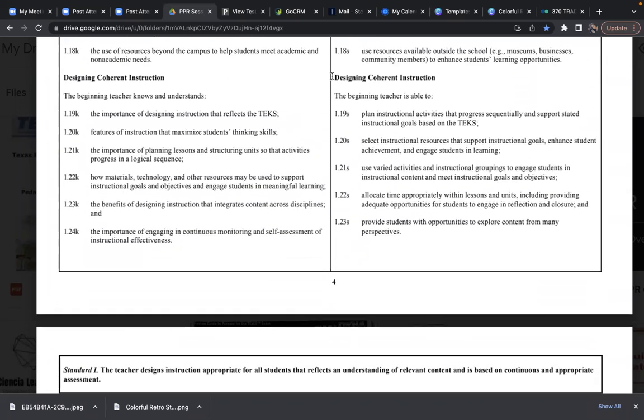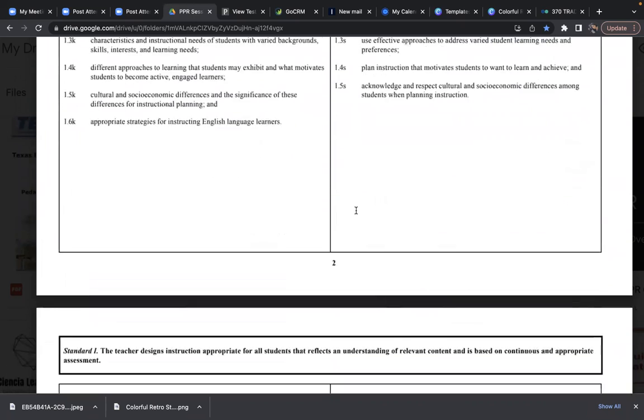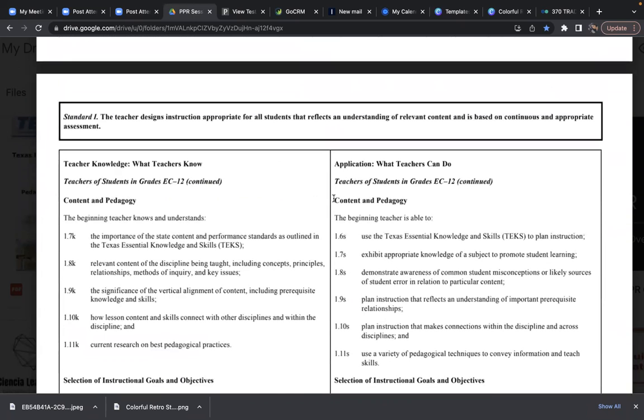Next, obviously, designing coherent instruction. That's a large part of it, but you have to use all of this knowledge: your knowledge of students, your knowledge of content, and pedagogy. Pedagogy is the art of teaching. It is the art, the science, and the craft. Teaching is a science.